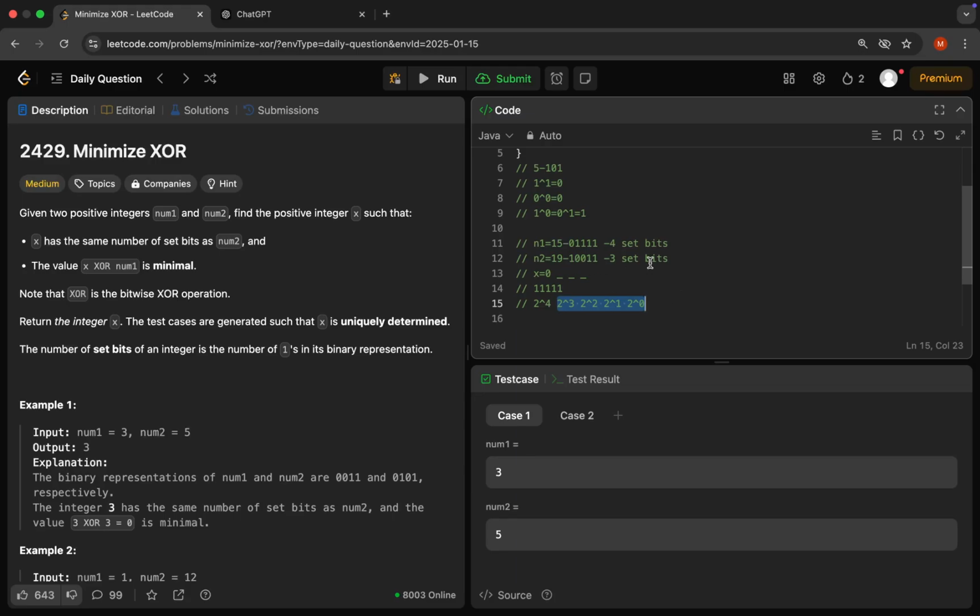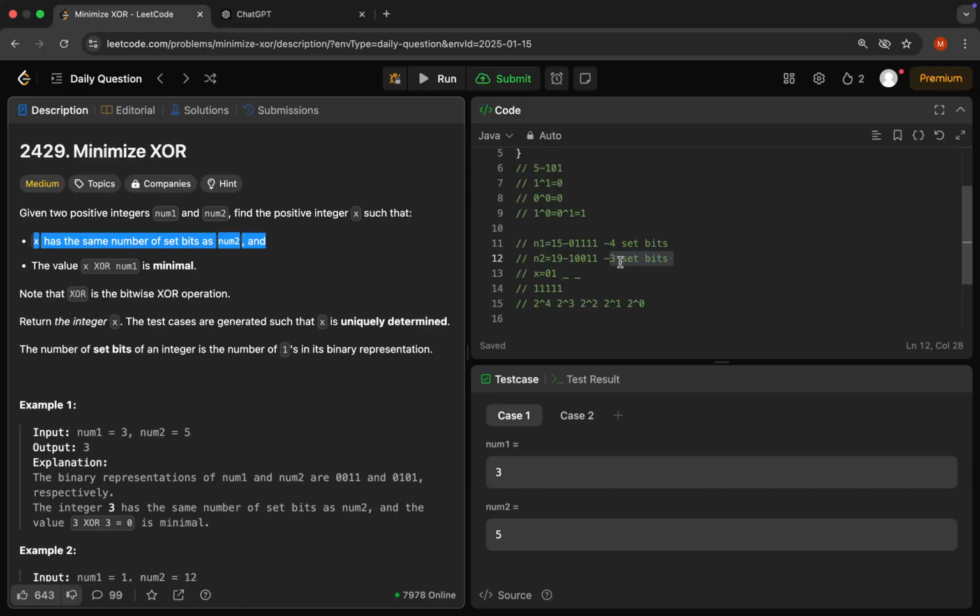Okay, so here we can ignore 0 because there is no requirement for it, as it is already an unset bit. We will use only set bits where n1 consists of set bits. As you can see, this fourth position consists of one set bit, and as I already used one set bit, there are two remaining set bits left, because n2 also consists of three set bits, and the condition is that x must contain the same number of set bits as num2.